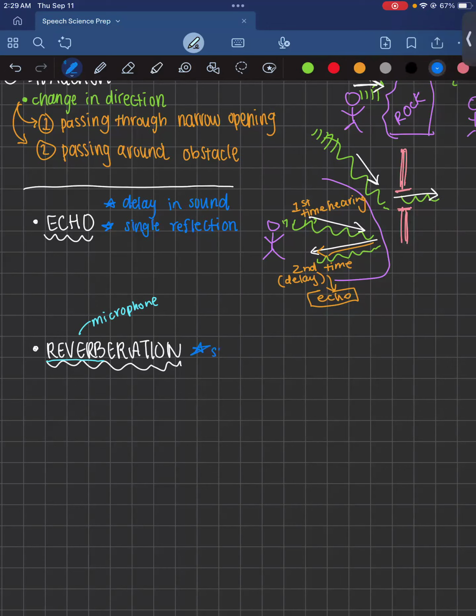It's more like a sustained, prolonged, dense sound. And it also has a really gradual decay. So what causes it? It's actually many, many, many overlapping reflections.